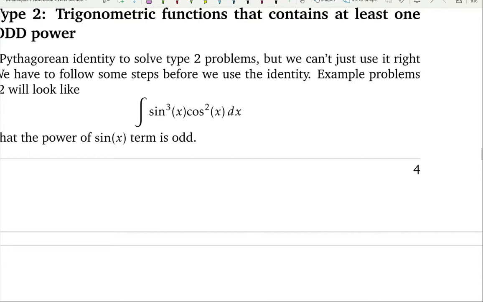Solving these types of integrals involves a lot of steps, so I want you to understand these steps very carefully and ask the question: why are we doing certain steps? Try to understand the reason behind every step that we are going to do.